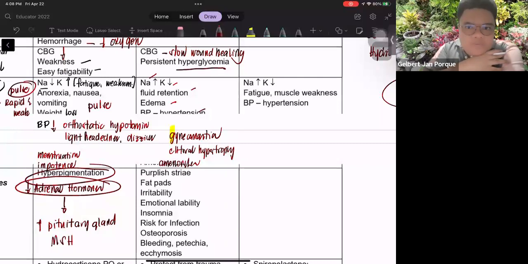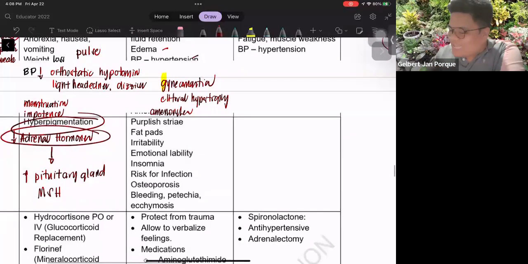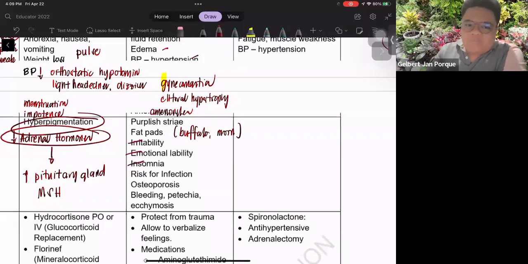Now, stretch marks would be there, and the stretch marks would have a tendency to be striated, purplish striae, class. Fat pads, what we call buffalo humps, and your moon face. Now, these patients would also have a tendency to be irritable, emotional lability, insomnia, and they can be at risk for infection.